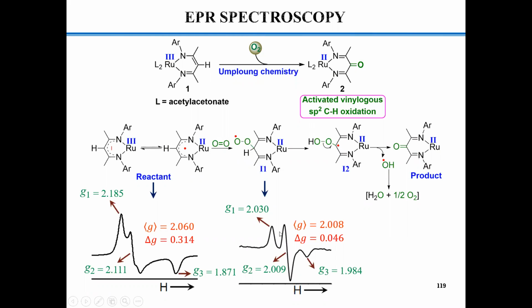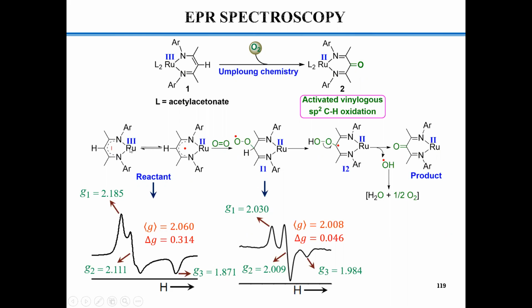Now, if you carefully look at this intermediate and the G anisotropy parameter, you see a 2.008, which justifies very strongly the consideration of superoxo, that radical-based intermediate in the system, which justifies that this reaction is following through the tautomeric form of this starting compound.